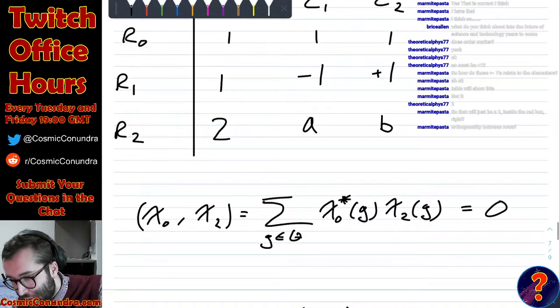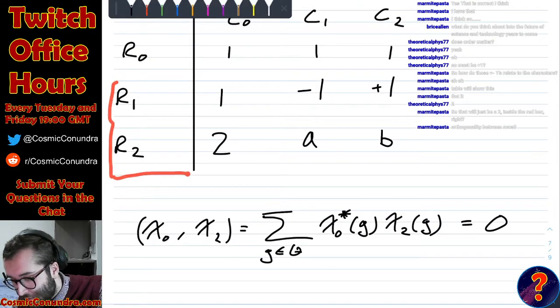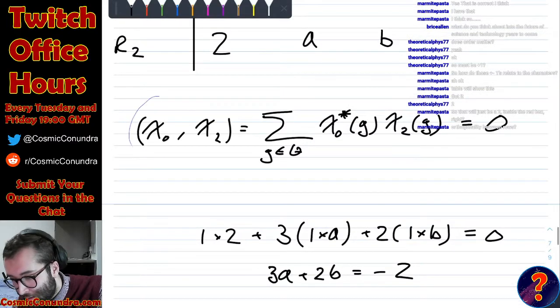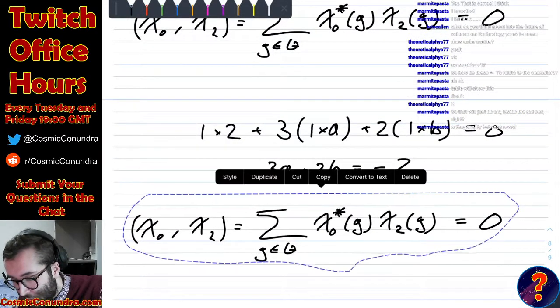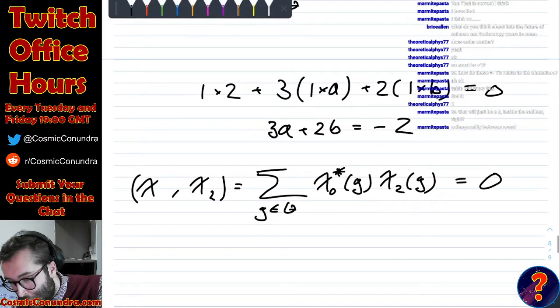Now let's do the inner product of R1 and R2, these characters. It's the same thing here, just now we're doing it for 1 instead of 0.